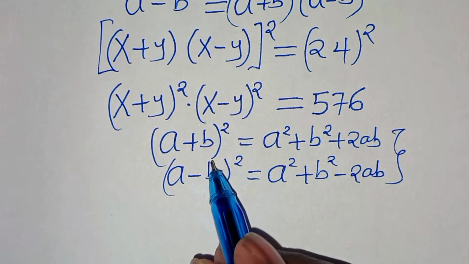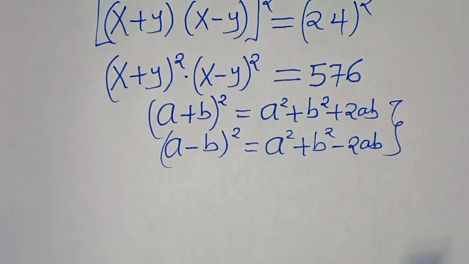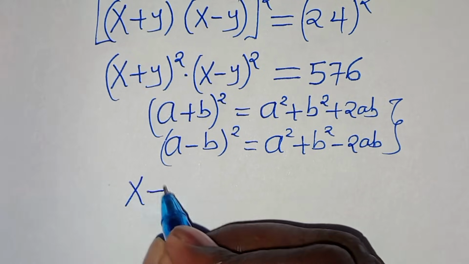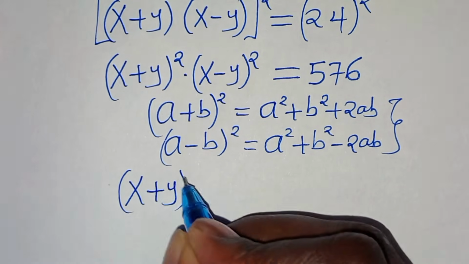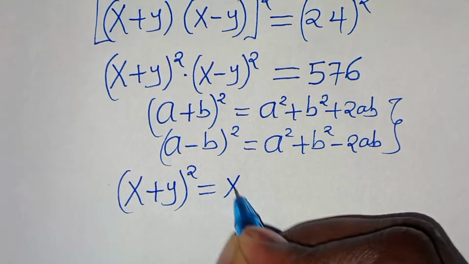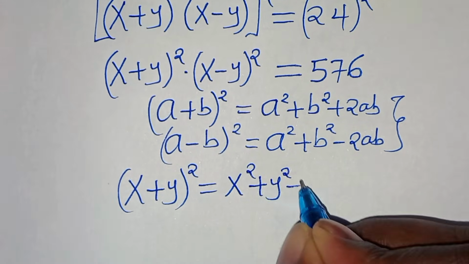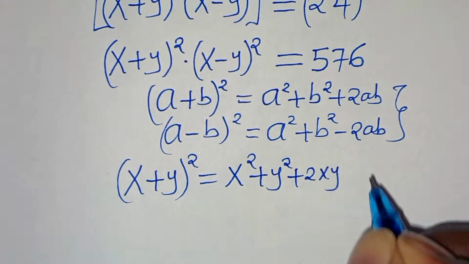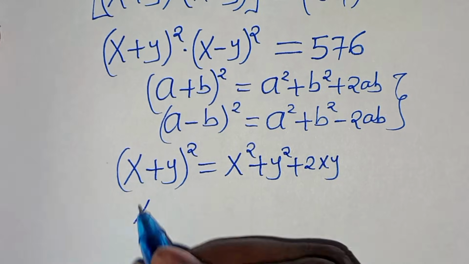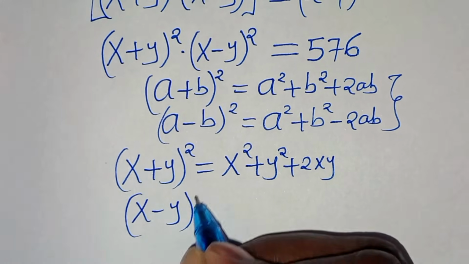So applying these two algebraic identities, then we have x plus y raised to the power of 2. This is the same thing as x to the power of 2 plus y squared plus 2xy. And we have x minus y to the power of 2.